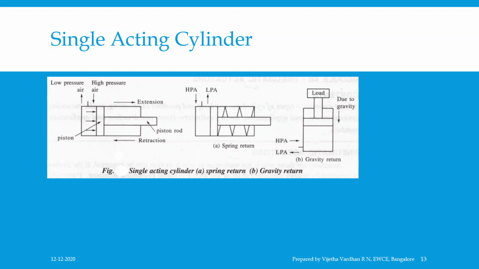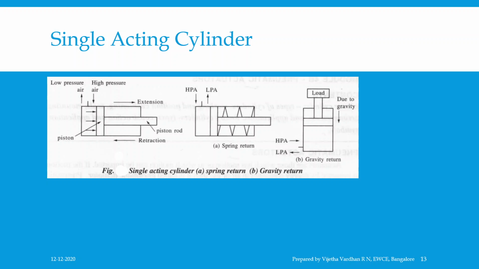If the cylinder is required to produce high force during extension, as in clamping or forming operations, and a very small force is required to retract, then a spring is used to retract, which you can observe in figure A. But the length of the cylinder has to be increased for a given stroke to accommodate the spring. If the cylinder is used to lift a load, gravity will retract the piston, which you can observe in figure B, called gravity retraction.